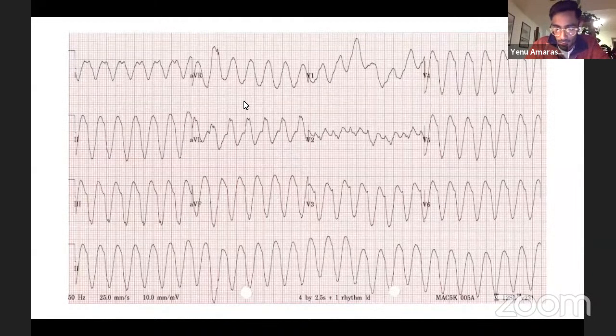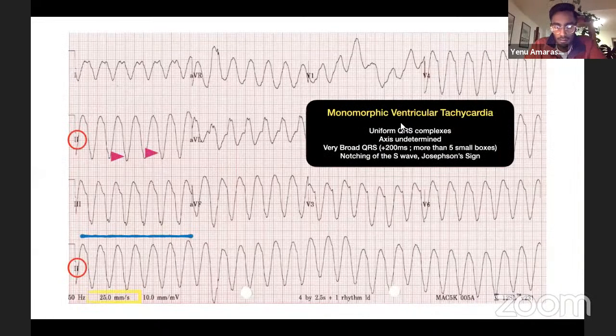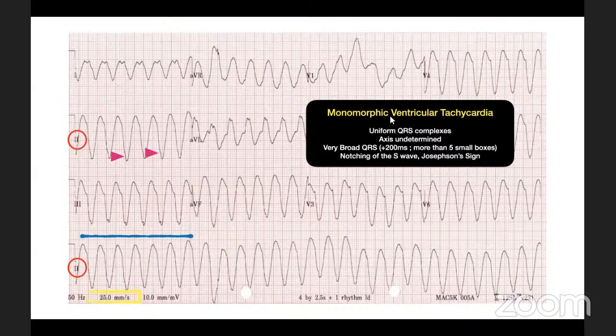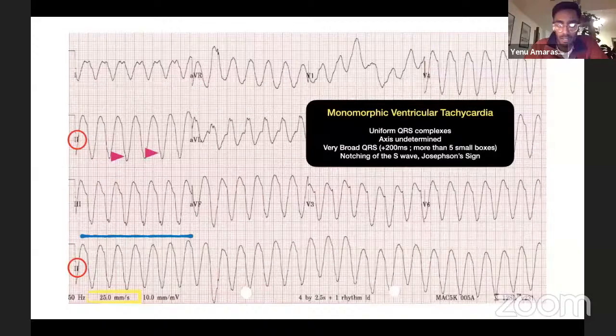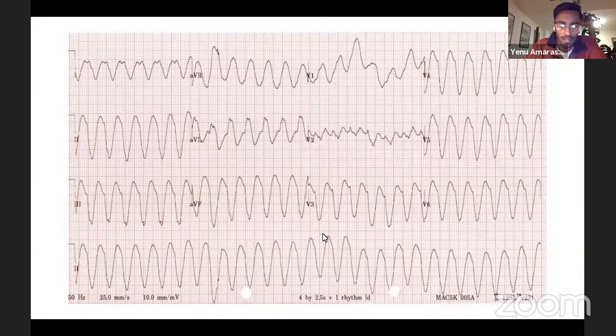Okay, I've seen a few answers coming in the chat, so I'll start working this out with you guys. In terms of when I said specific, it's deemed monomorphic ventricular tachycardia. This is because when you look at the whole ECG, generally they seem pretty identical. Each one of these waves looks pretty identical. So that's why it's deemed monomorphic. By monomorphic, it means the same.